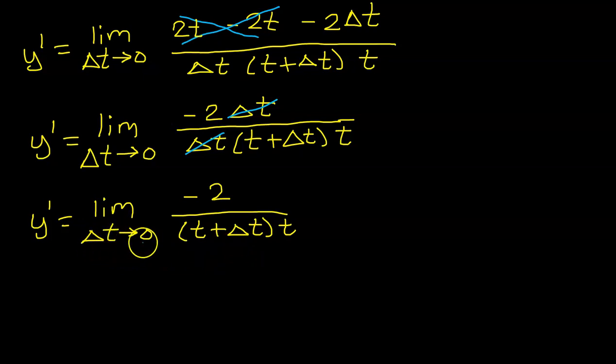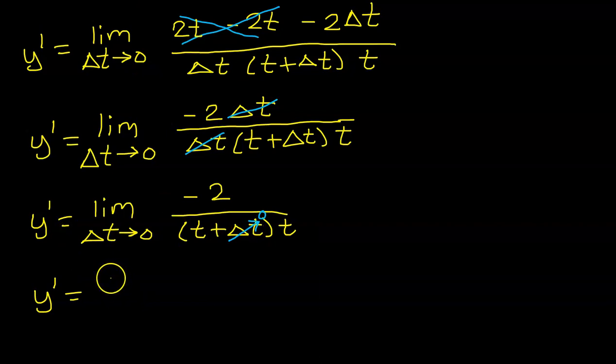To calculate this limit, we can just put in 0 for delta t. So if we put in 0 right here, then the delta t goes away, but the t and the other t will still be there. So that's going to leave us with y prime is equal to the limit. Actually, no, I almost made the common mistake. Once we do that substitution, we've already done the limit, so we're not going to write limit again.